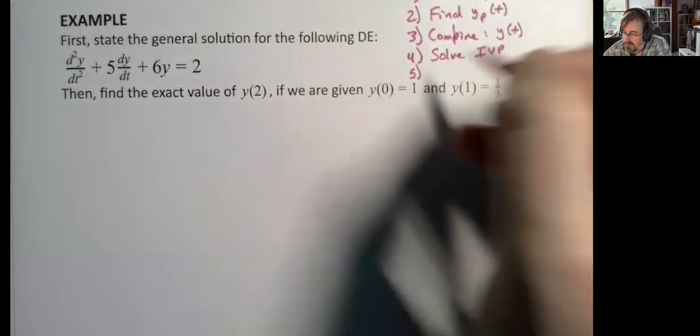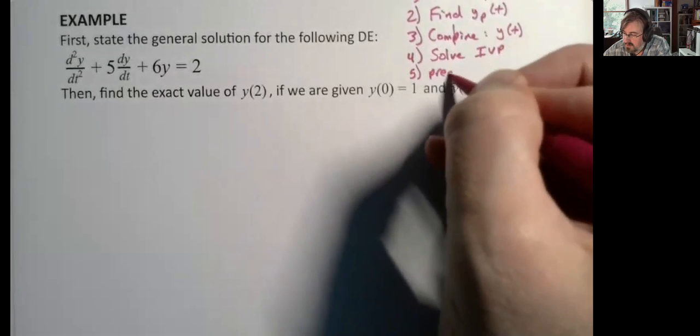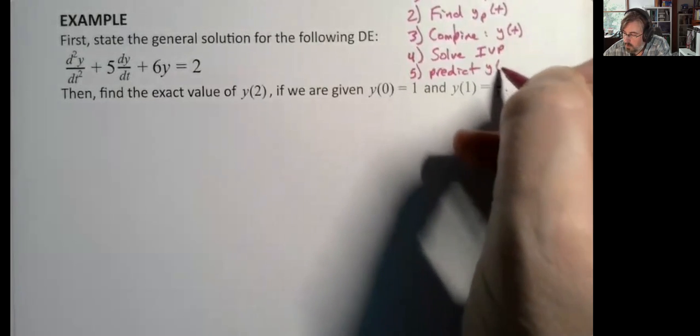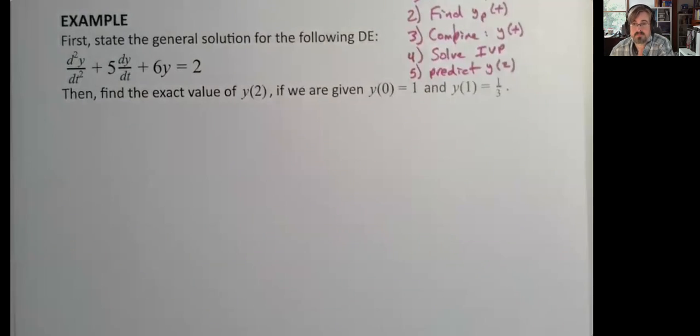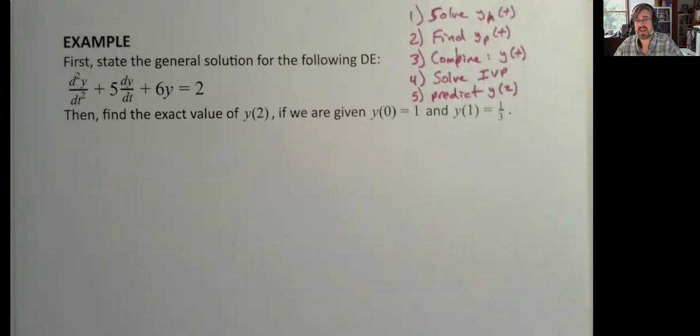And then step 5 in this one is going to be predict y of 2. Oops, sorry. So that actually has 2 extra parts to it, but they're just extra parts that are, okay, now that you've got your general solution, what's the particular for those initial conditions? What's the initial value problem solution?